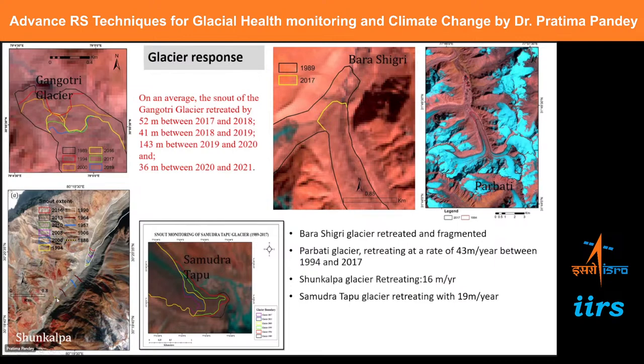This is the Samudra Tapu Glacier from Himachal Pradesh, also showing a retreating pattern. So all these examples show that, except for a few glaciers in Karakoram, many of the glaciers in the Himalaya are retreating.